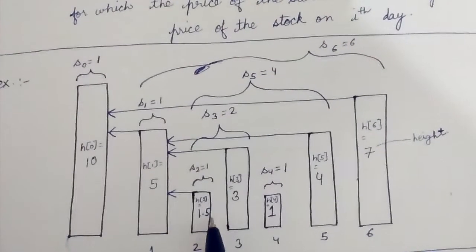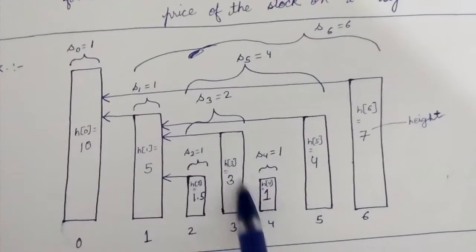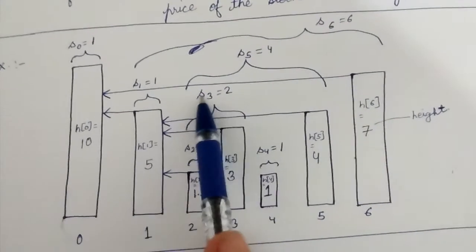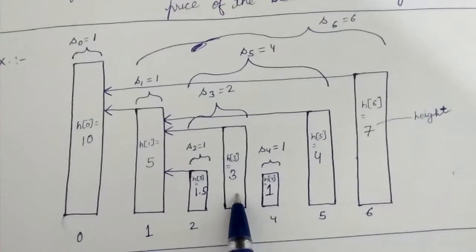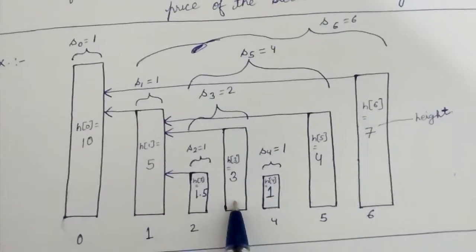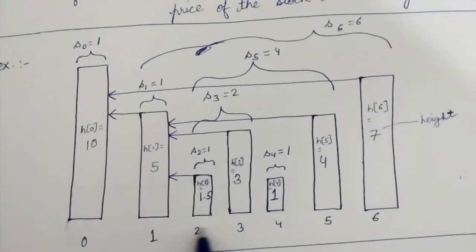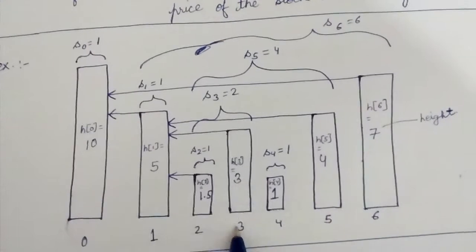I will give an example and I will try to find the span for day 3, that is S3 in short. So S3 is the number of consecutive days just before 3 which have price less than on 3.